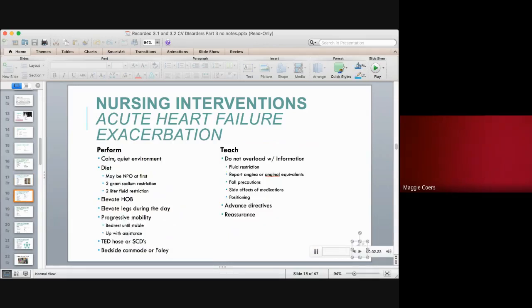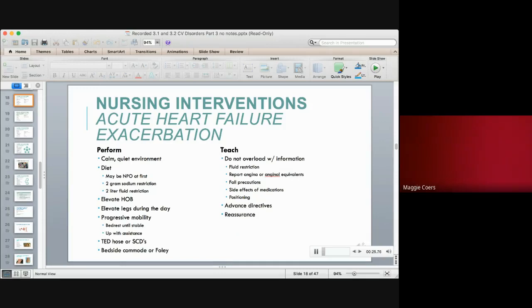These things are also really important for people with heart failure exacerbations, or people that come in with acute heart failure. So we want to monitor those things that we did on the previous slide, perform, and then teach. We want to make sure that they're in a nice, calm, quiet environment.